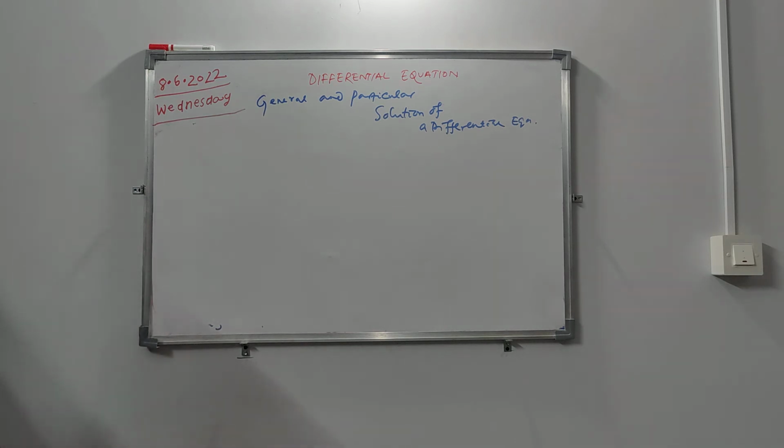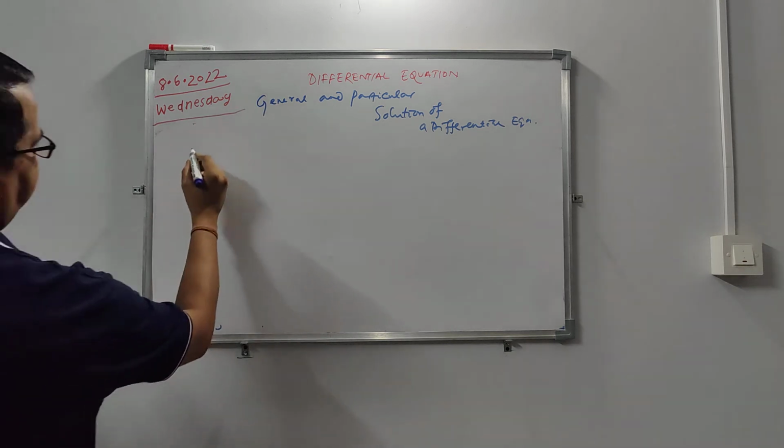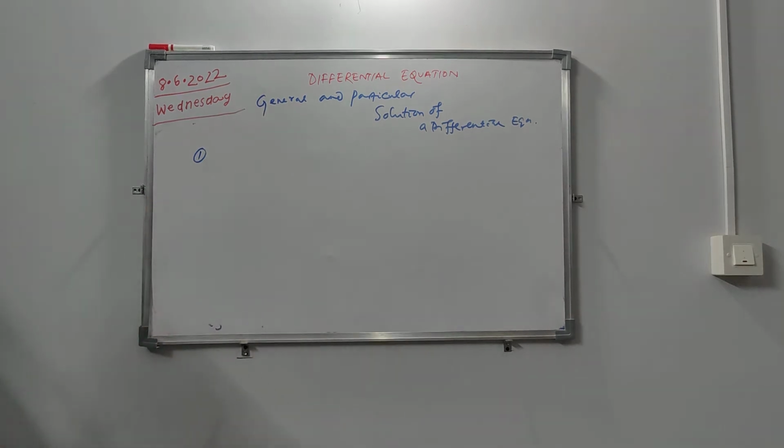Okay, let us try to find out. So let us say, verify that the function e to the power minus 3x is a solution of the differential equation. Let us do a numerical, and with the help of that we will understand.